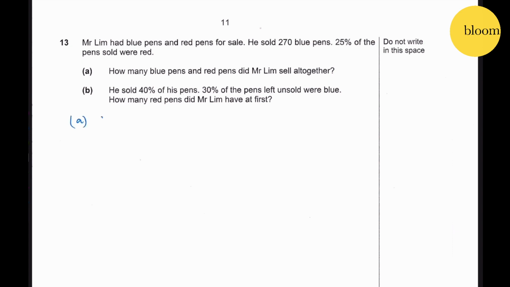So, if he sold 270 blue pens, this must be 75% of the pens sold, because it's given that 25% of the pens sold were red pens.